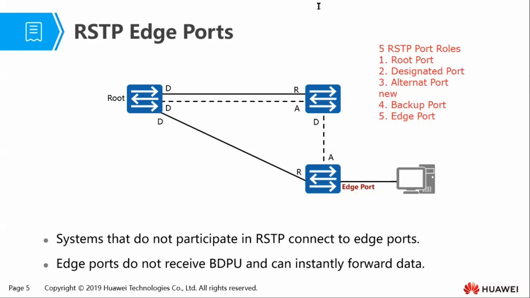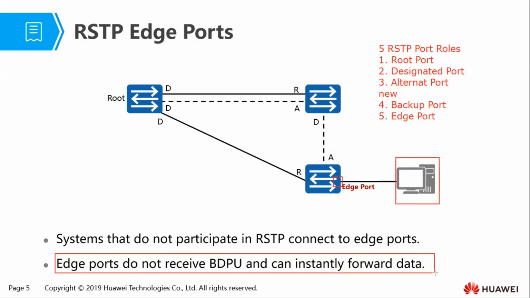Now generally, the main purpose of the switch most of the time is to connect to the end devices. End devices do not need to participate in STP or RSTP. So we configure certain ports in the switch as edge ports. Their purpose is simply to forward data and not to receive BPDUs. So edge ports do not receive BPDUs and they can instantly forward data.